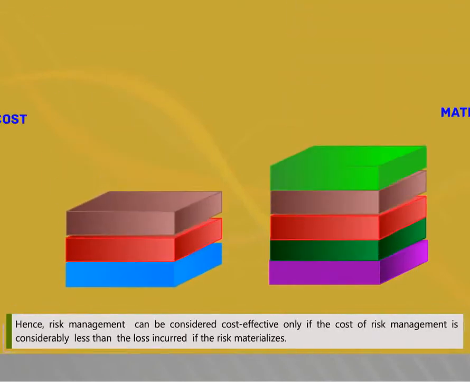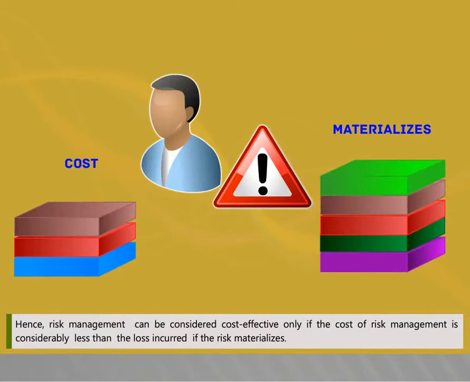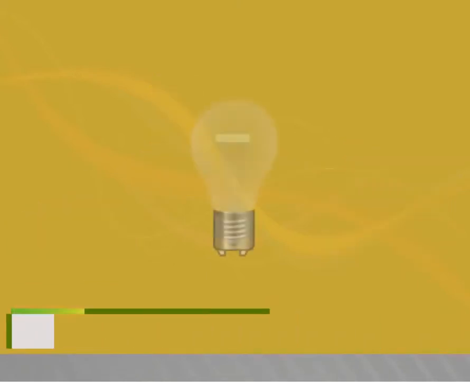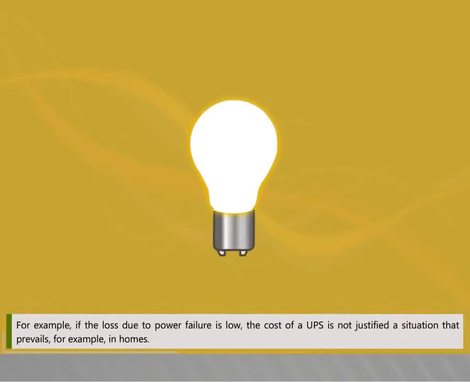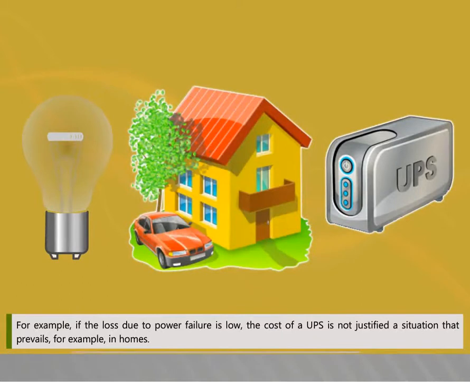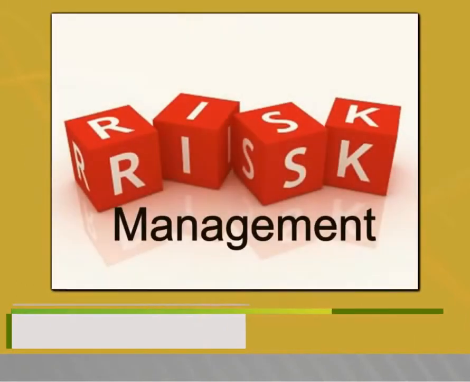Hence, risk management can be considered cost-effective only if the cost of risk management is considerably less than the loss incurred if the risk materializes. Actually, the cost of risk management should be less than the expected value of the loss, a concept defined shortly. For example, if the loss due to power failure is low, the cost of a UPS is not justified, a situation that prevails, for example, in a home.